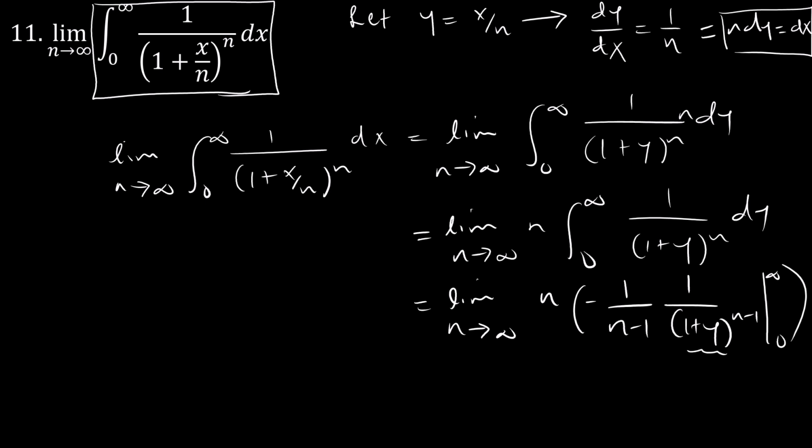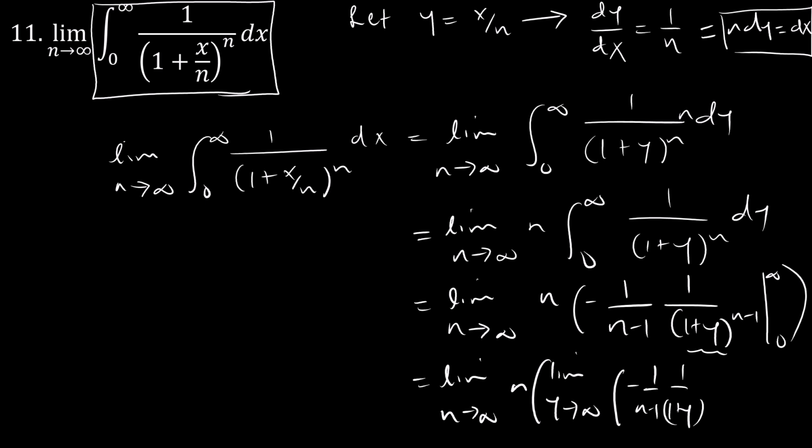As y tends to 0, this part tends to 1. So in essence, we have the limit as y tends to infinity of negative 1 over n minus 1 times the same expression, minus the limit as y tends to 0 of the same value we have there.